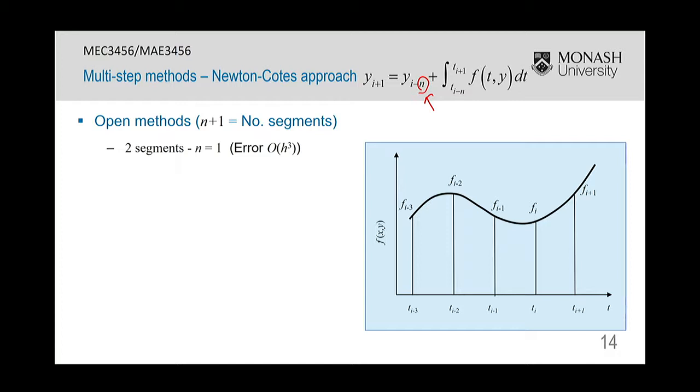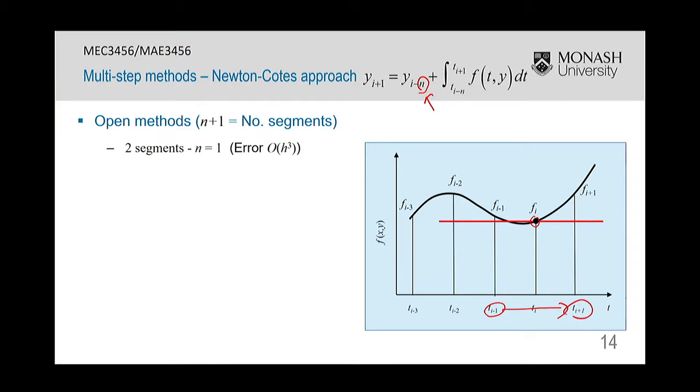The two-segment approach has n equal to 1 and has an error of order h cubed. What we're doing in this case is using these two segments from t_{i-1} to t_{i+1}, but the only point we're going to use is the middle point, f_i.